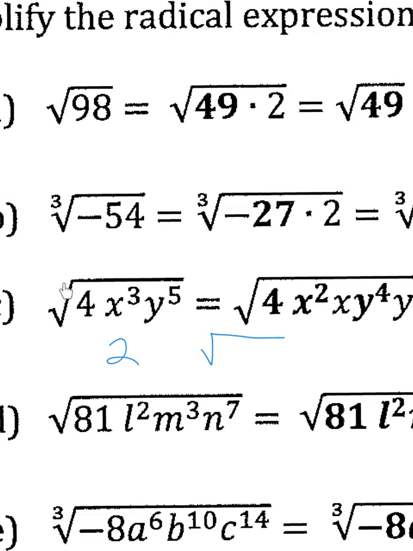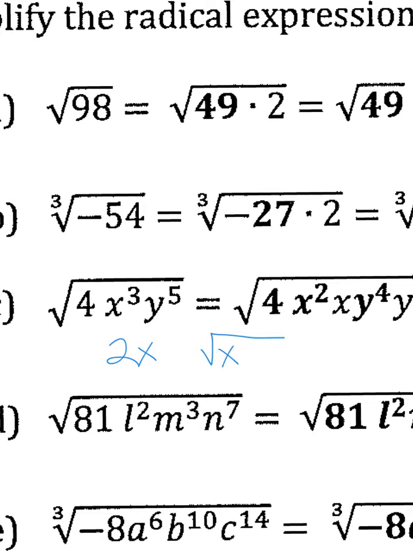Because 2 is the index here, I'm looking for 2 factors. 2 goes into 3 one time, so that will give me 1 x on the outside. But that doesn't use up all the x's. That only uses up 2 of the x's, and there will be 1 left over. That 1 left over will go in here.